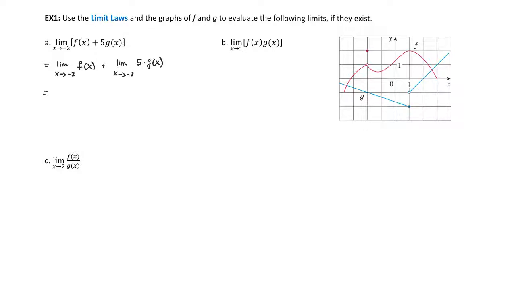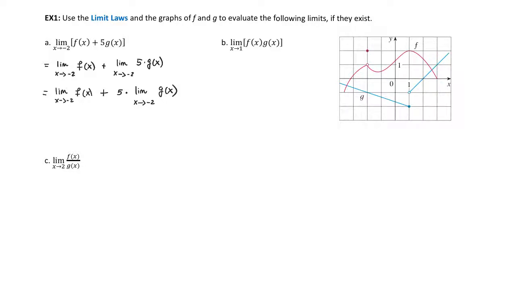Then another property says that because this is a numerical coefficient, I can bring it in front of the limit. So I'm going to rewrite this limit just as is, and then write plus 5 times the limit as x approaches -2 of g(x).